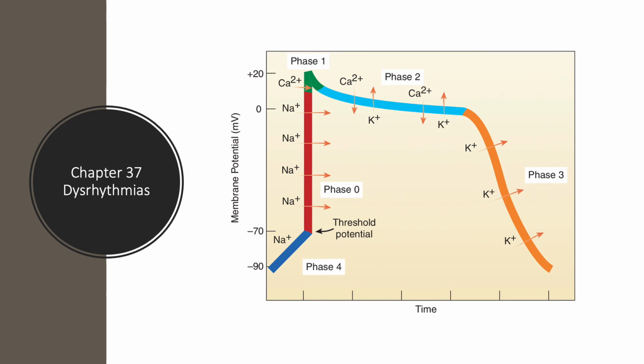So we'll try and get someone out of that rhythm. So it can be used to control a fast rhythm. It can be used to alter the rhythm that someone's in back to a normal rhythm. And sometimes antiarrhythmics don't necessarily control the rhythm, and we have to use cardioversion, electricity, or defibrillation, still electricity.